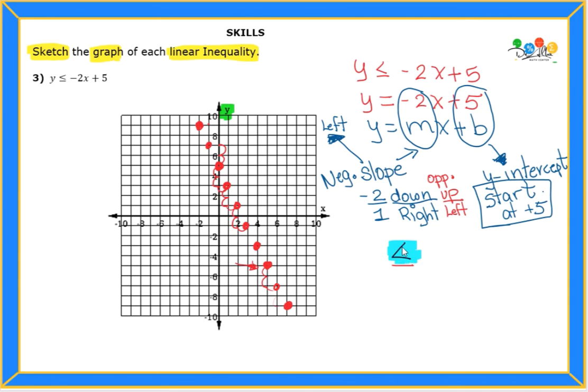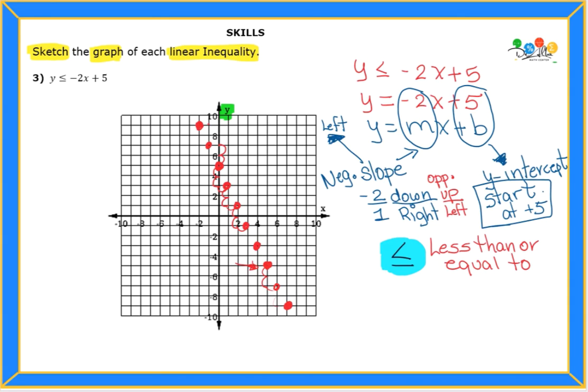Okay, so this is my inequality symbol. And also I'm not done because I'm supposed to shade it. Remember, you're going to shade either above or below. Okay, so let's look at my inequality. My inequality symbol reads, we are going to read it as less than or equal to.